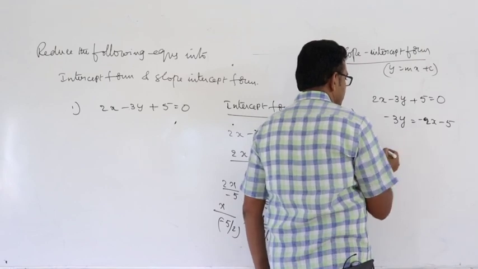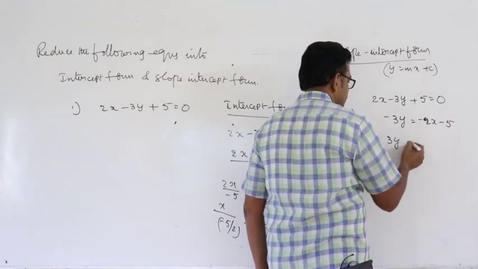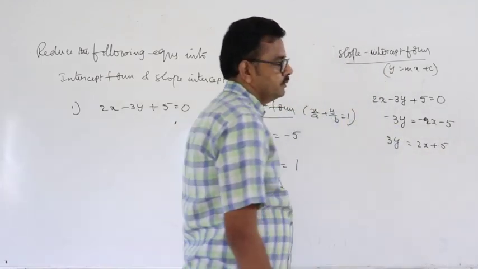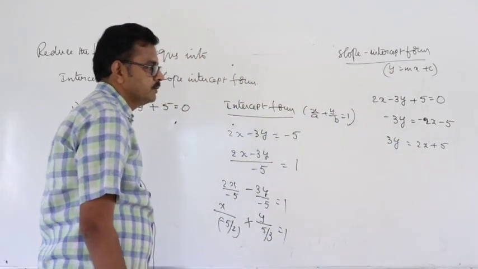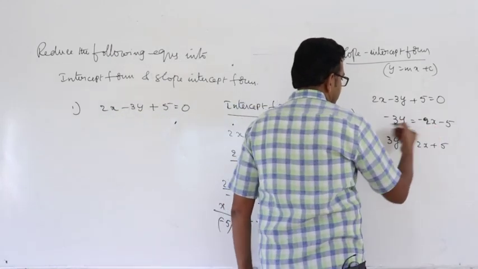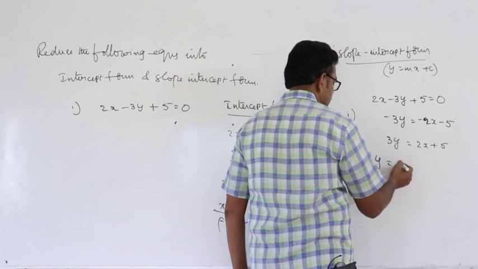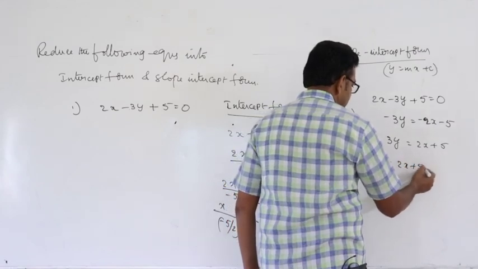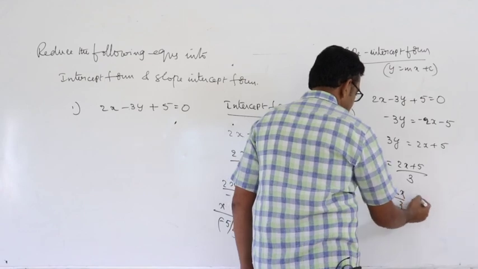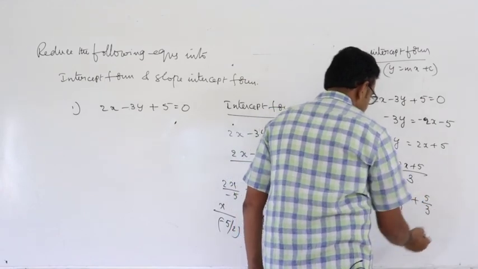Minus is common on both sides, so it gets cancelled: 3y is equal to 2x plus 5. Y is equal to 2x plus 5 by 3, that is 2x by 3 plus 5 by 3.